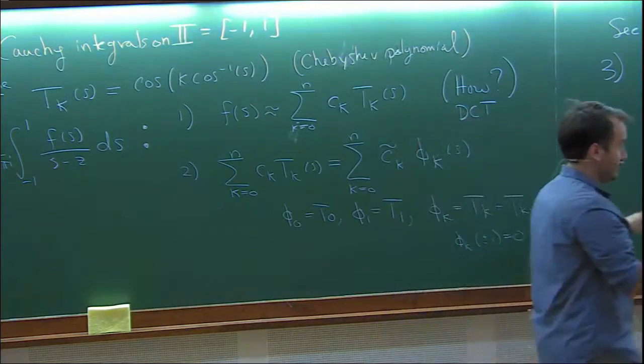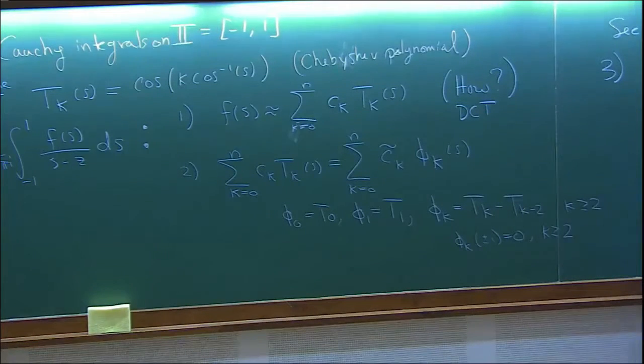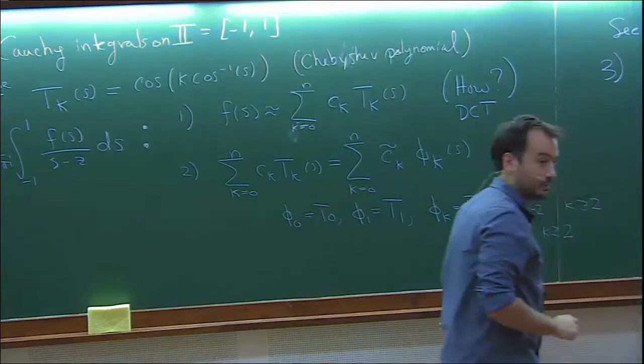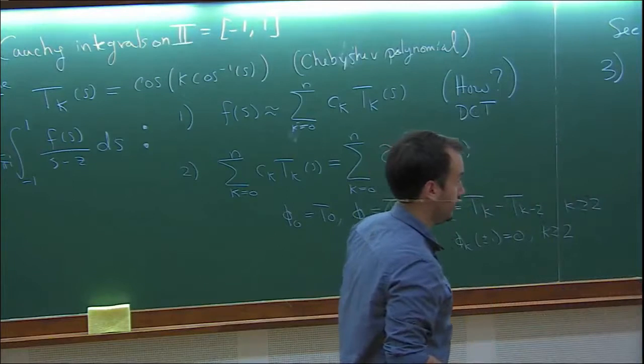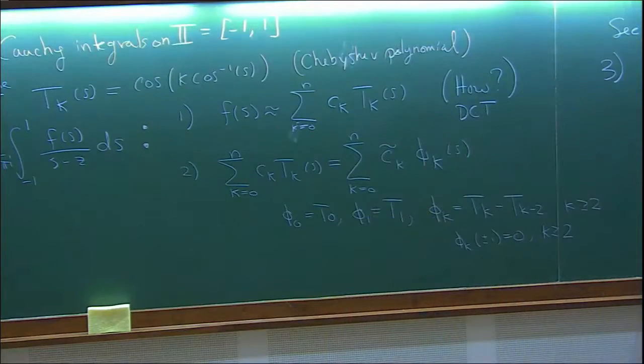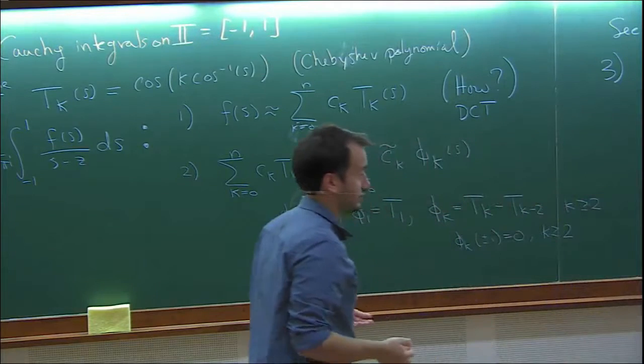And then this really comes into account just at the intersection points. Okay, so that is just a sketch of how you go about computing Cauchy integrals on general curves.